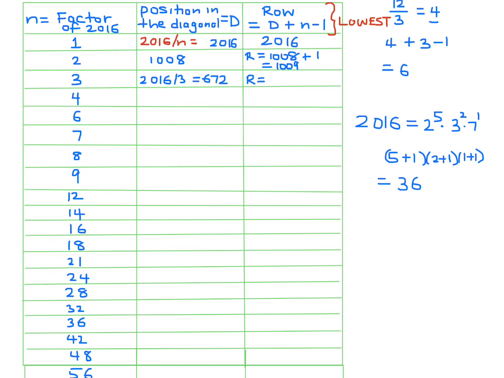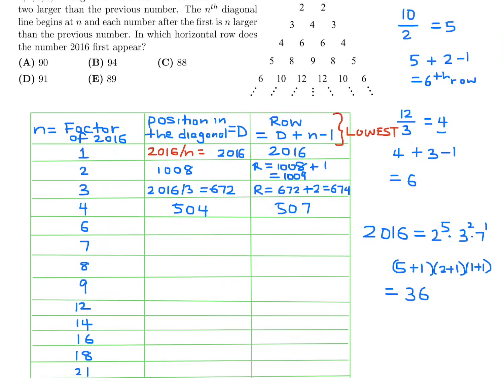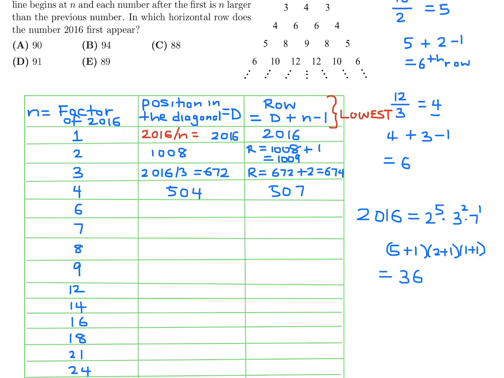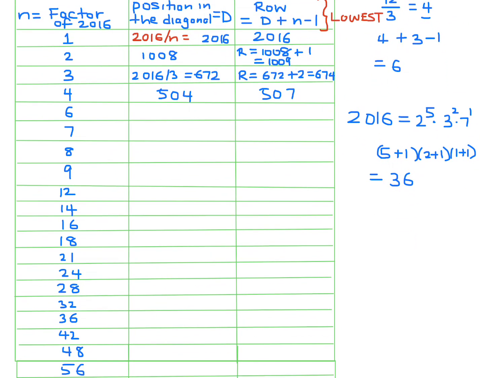And then the row would be 672 plus n minus 1. n is 3, so that would be plus 2, which is 674. Now that you are an expert, I don't need to walk you through it. I'll just fill it out. 504, 507. And let's just see what the answer choices are. Oh, they're less than 100, so we've got to keep going here.